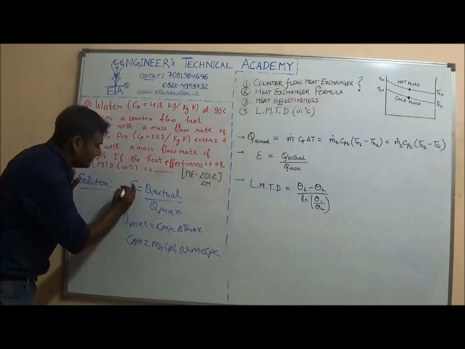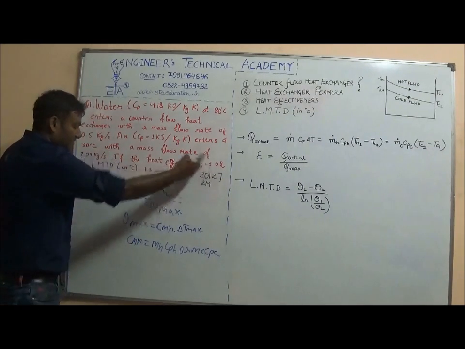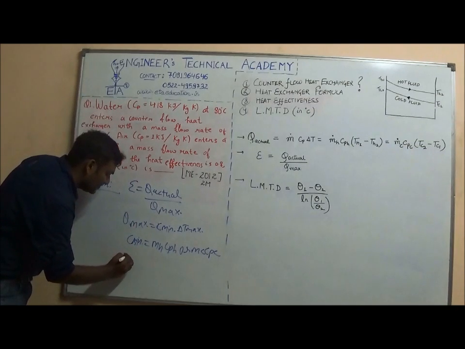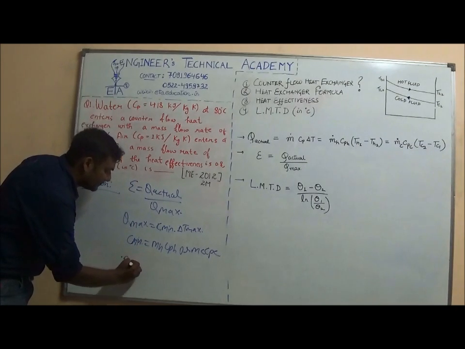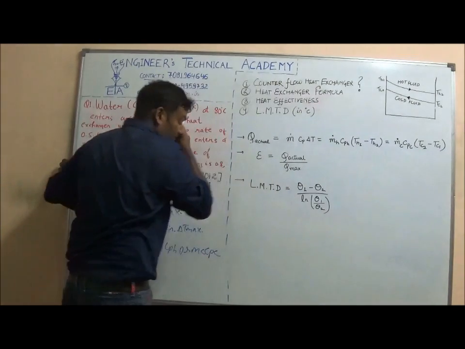So putting this in the equation, as epsilon is given as 0.8, 0.8 is equal to Q actual. You can take any equation, m dot h CpH or m dot c CpC.